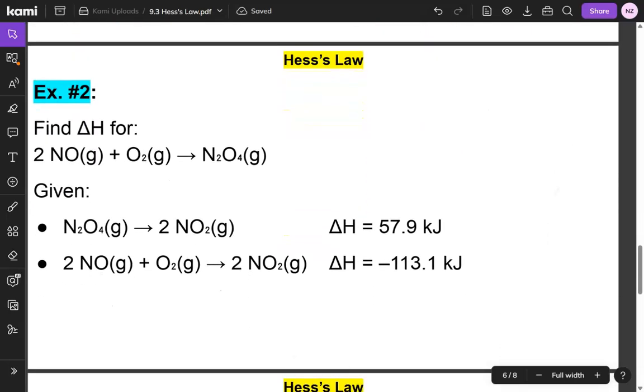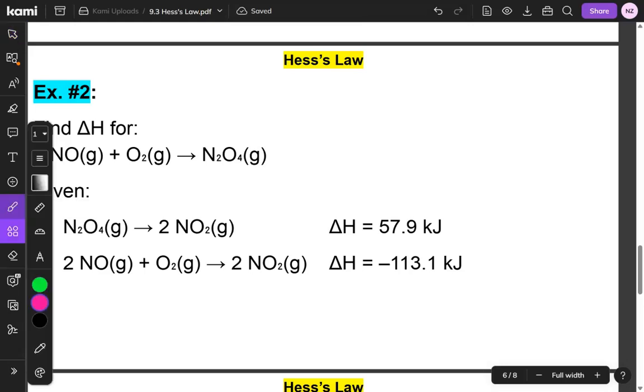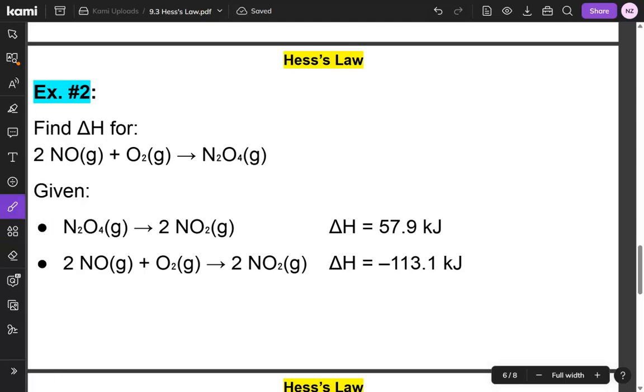All right, let's move on to another example. Again, it says find delta H. We're given a reaction. So I'm going to go through and I'm going to circle what I have and where it is. So I have nitrogen monoxide that is present in our second reaction, and it's on the correct side. I have oxygen.